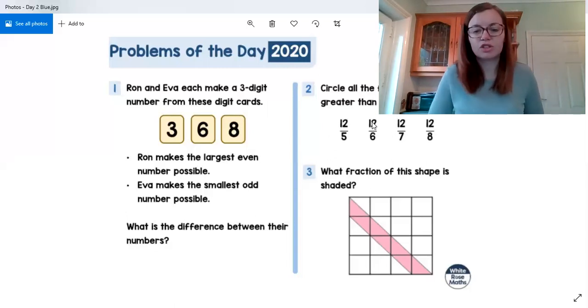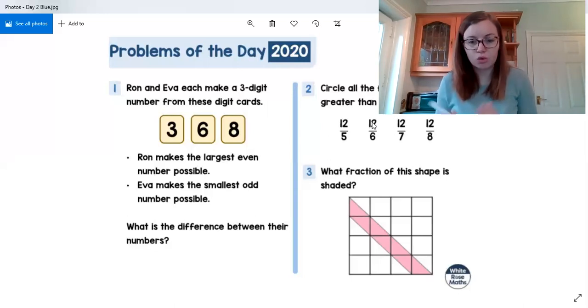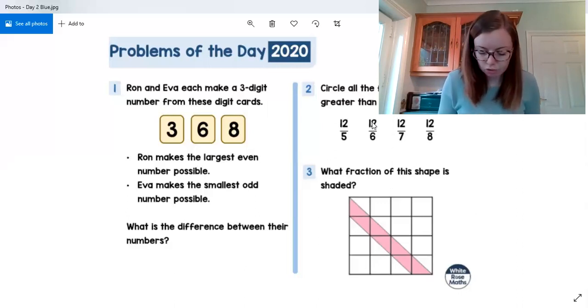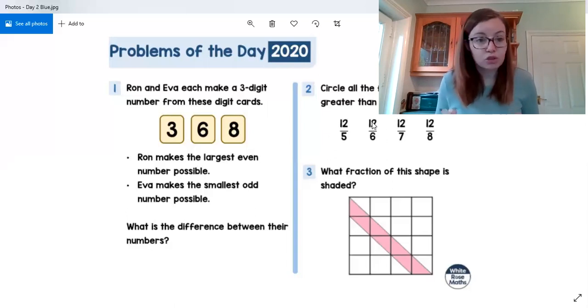So the last question says, what fraction of this shape is shaded? Okay, so we have got a square here that's been cut up into more squares. So I'm going to draw this out onto my board. Make sure I'm copying it properly. We have 4 rows and 4 columns.